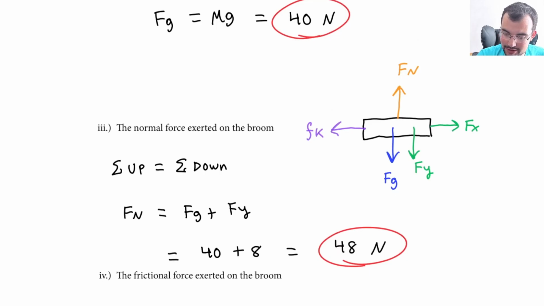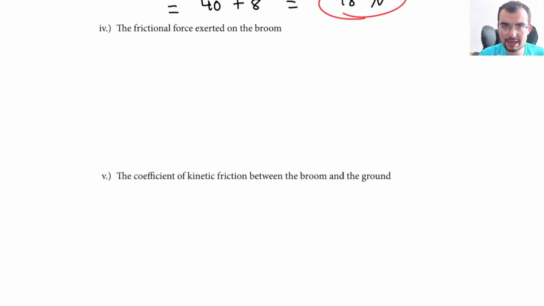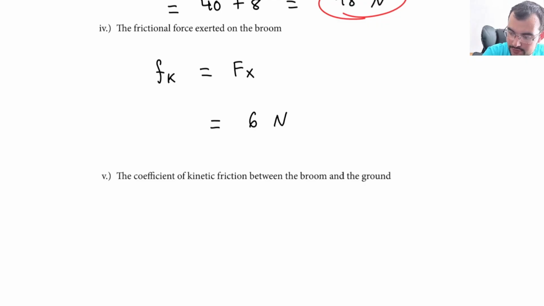Our component body is telling us that the frictional force is exactly canceling the rightward push because constant speed means that frictional force must be exactly balanced by the pushing. So the frictional force is simply the x component of the push, which was 6 newtons, I imagine. That seems right to me.